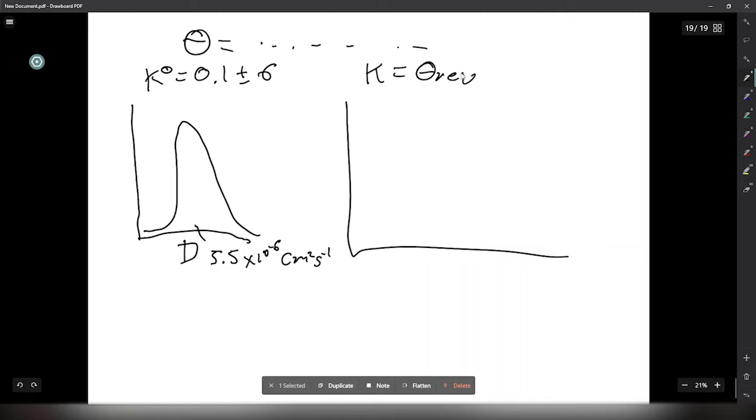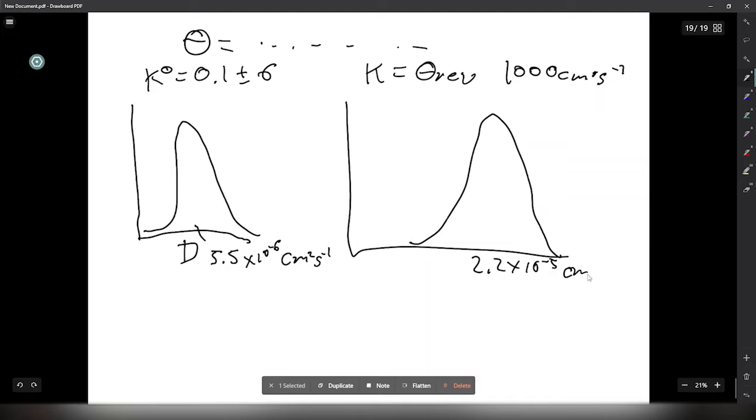If we set K0 to being fully reversible, let's say 1,000 centimeters per second, we end up getting a diffusion value which is something like 2.2 times 10 to negative 5 centimeters per second.